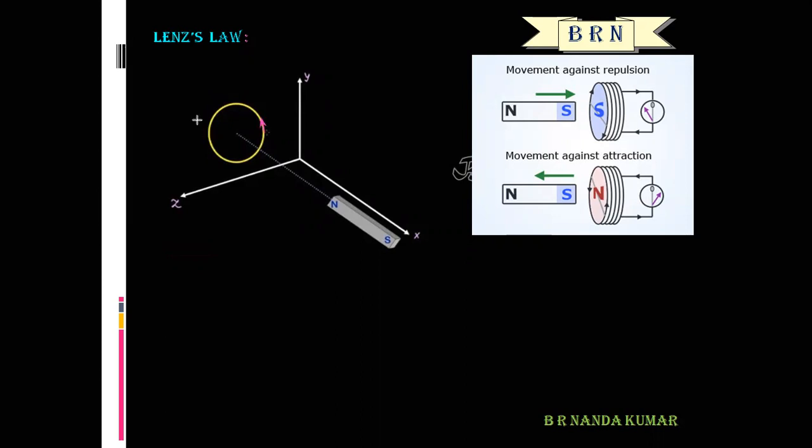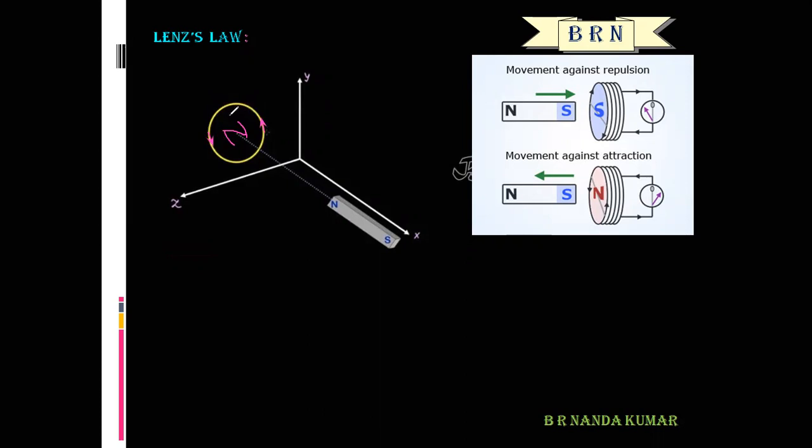because that opposes the further change of the magnetic flux. Now the face of the loop behaves like a north pole, right? The face of the loop in which current flows anti-clockwise behaves like a north pole.